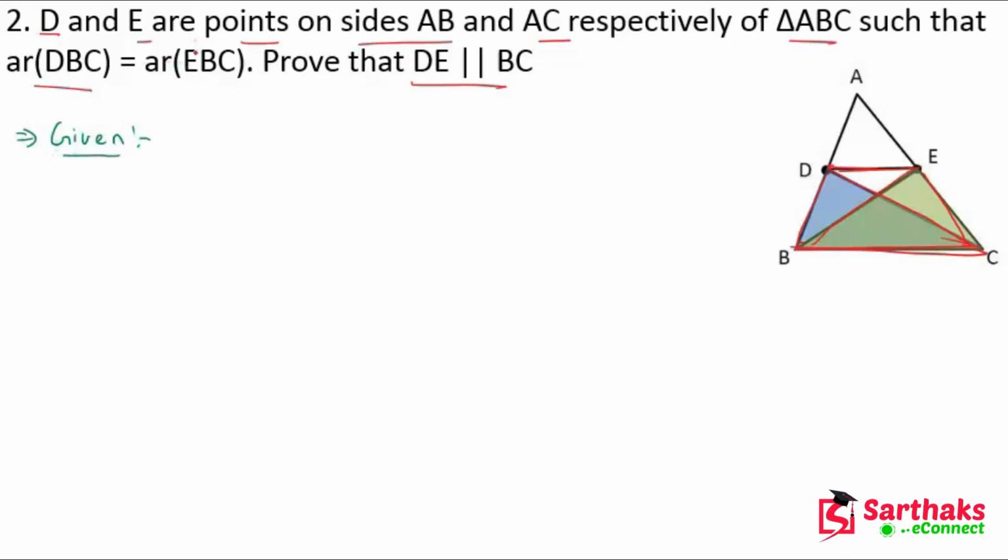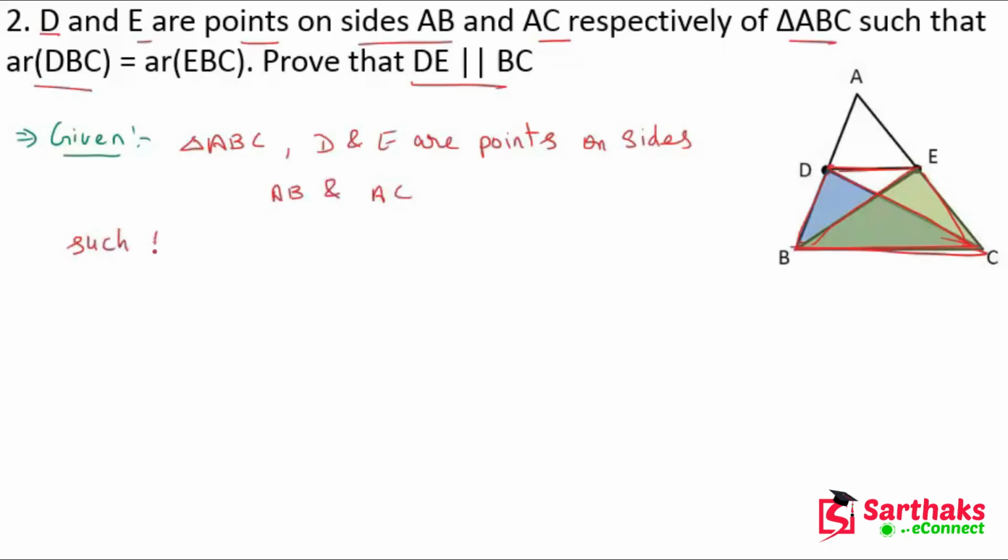First of all, write the given part. What is the given part? We have a triangle ABC, and D and E are points on sides AB and AC, such that area of triangle DBC is equal to the area of triangle EBC.